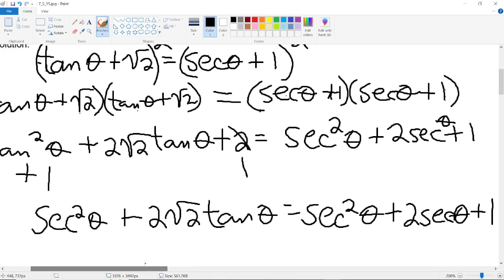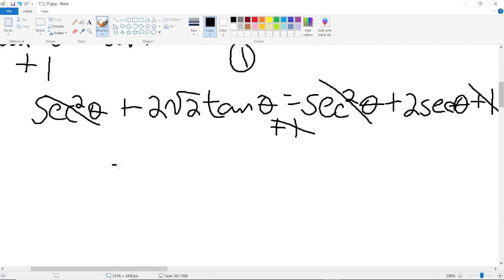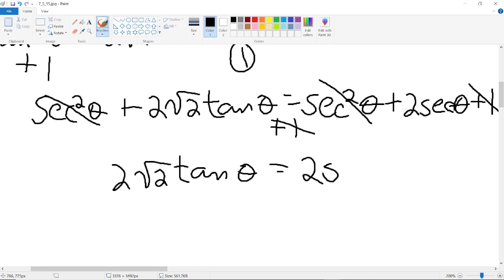If I subtract either one of them from both sides, they're going to cancel out. And there should be a plus 1 here. I missed this plus 1. So the 1's cancel out because there's a 1 on both sides of the equation. So now we're left with 2 square root of 2 tangent theta equals 2 secant theta. And now once again, square both sides.